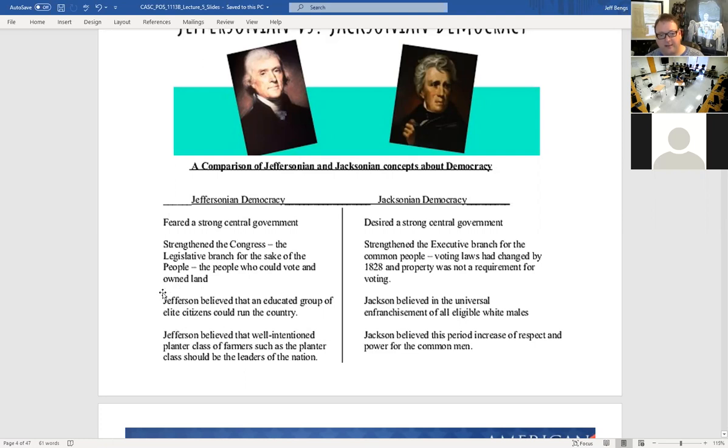Matter of fact, this group would look at themselves as, we are the ones who are qualified to be in the government, and you folks in the lower classes will just have to defer to our education, our expertise.